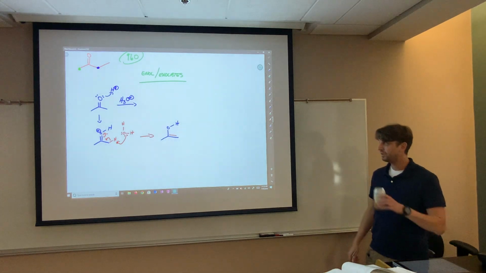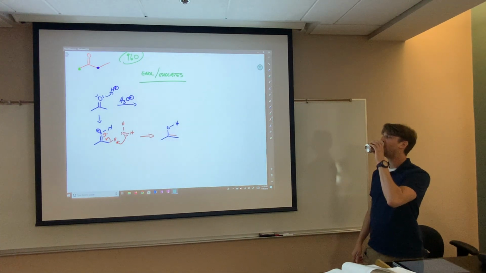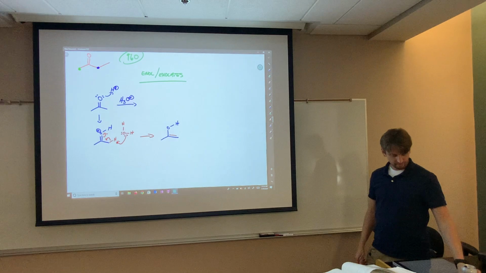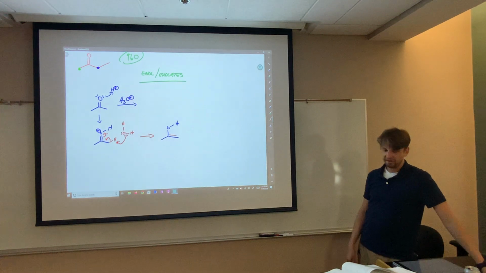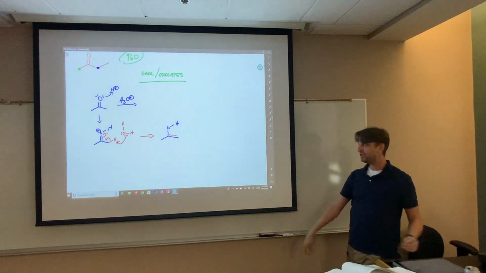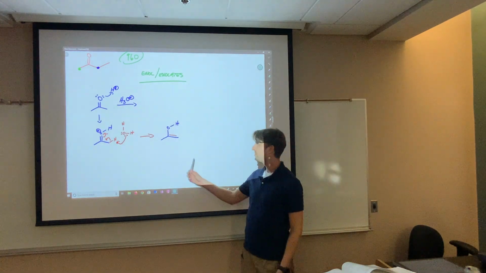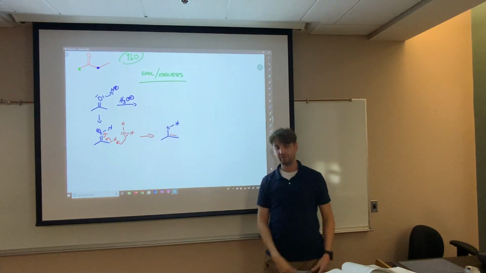Interesting. So now essentially we have a double bond here, and this carbon becomes a little bit more reactive.